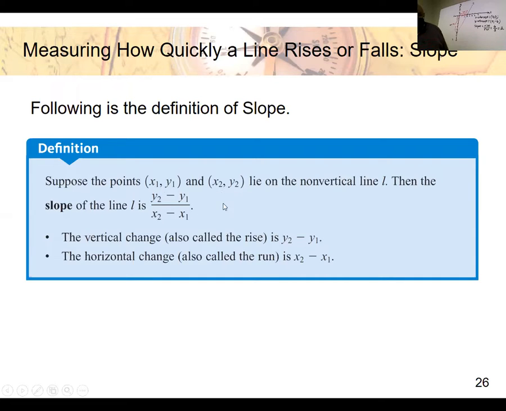That's the formula we use to find the slope of any non-vertical line passing through 2 points. Notice that the vertical change is also called the rise, that's your y2 minus y1. The horizontal change is also called the run, and that would be x2 minus x1.